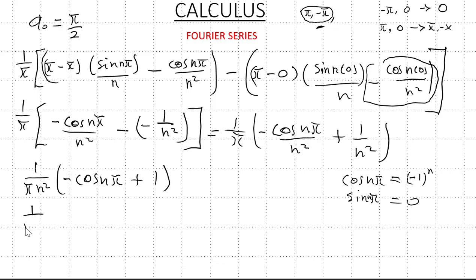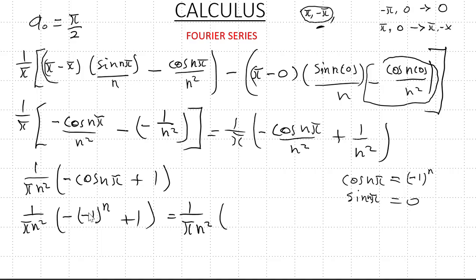So it's going to be 1 over pi n squared, bracket open, minus. Since we know already our cos n pi is minus 1 to the power n, it's going to be minus 1 to the power n, then plus 1 over pi n squared, bracket open.